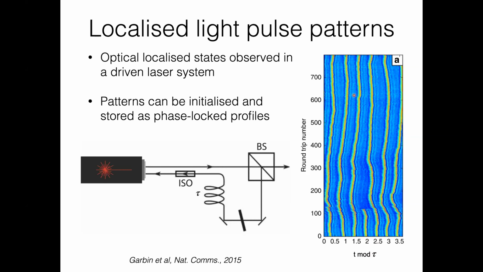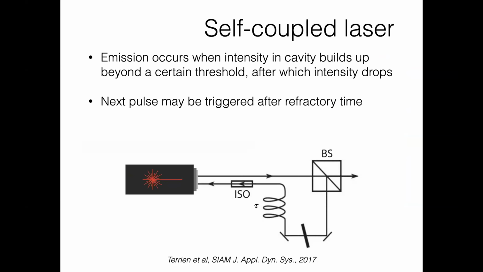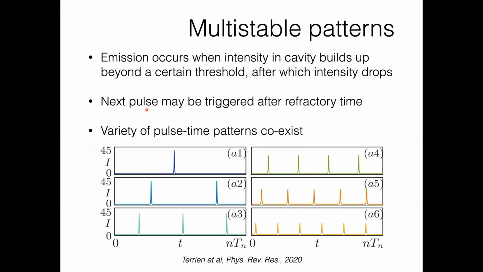And the idea is that in the laser community, people think of these as memories, so memories that can be stored by the laser system. And in actual fact, as the pulses are triggered, we can store a variety of patterns and they coexist, and these are all stable.